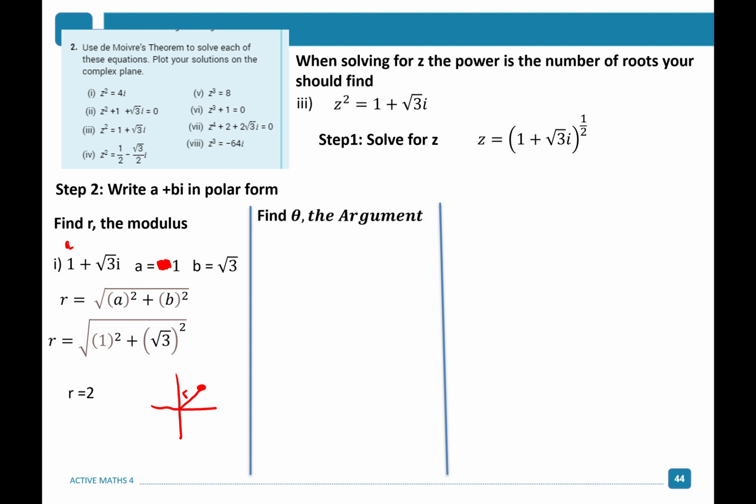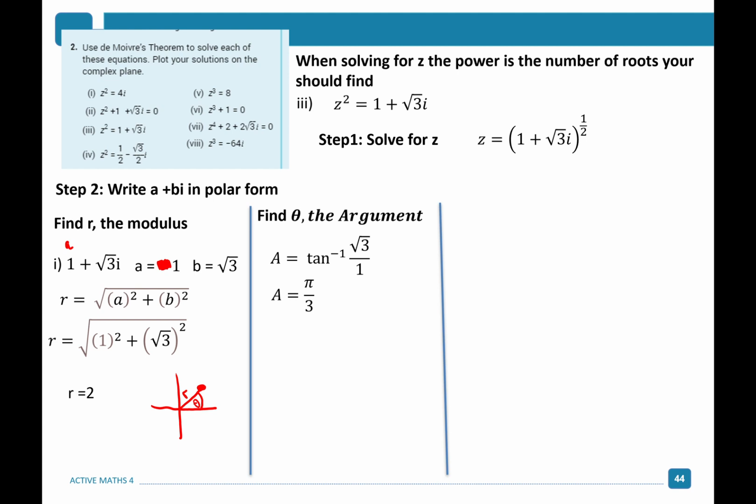We now need to find theta, which is the argument. This is the angle from the positive x-axis to our complex number, measured anti-clockwise. To find our argument, we first find alpha. Alpha is equal to inverse tan of root 3 over 1.